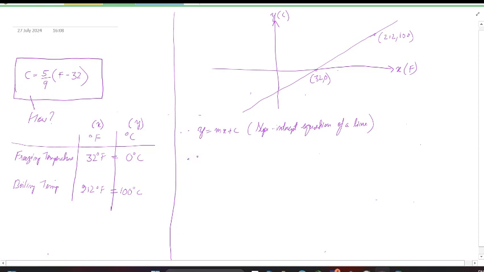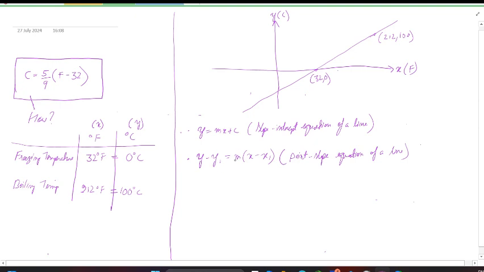There's another one which is known as the point slope equation of a line, which is y minus y1 equals m times x minus x1. So we are going to use this one.